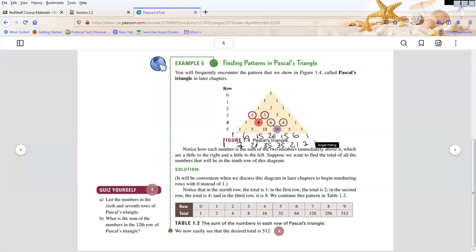You might notice there's some symmetry going on, right? So the first half of the list is the second half of the list in reverse. And in part B, they're asking us for the sum of the numbers in the 12th row of Pascal's triangle.